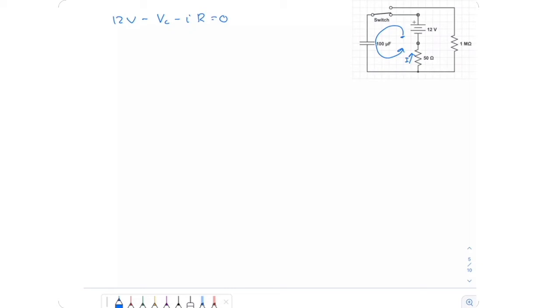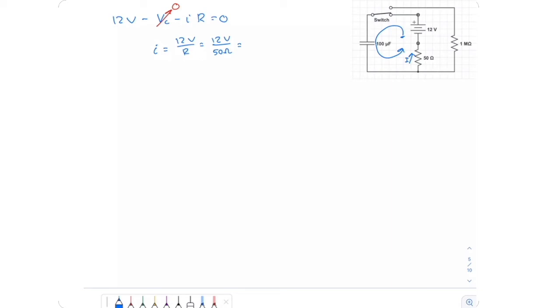And what is the voltage across the capacitor initially if this capacitor is fully discharged? It's 0. Okay, so that will go to 0, and I can solve for the current. The current is just going to be 12 volts over the resistance, which in this problem was 50 ohms.